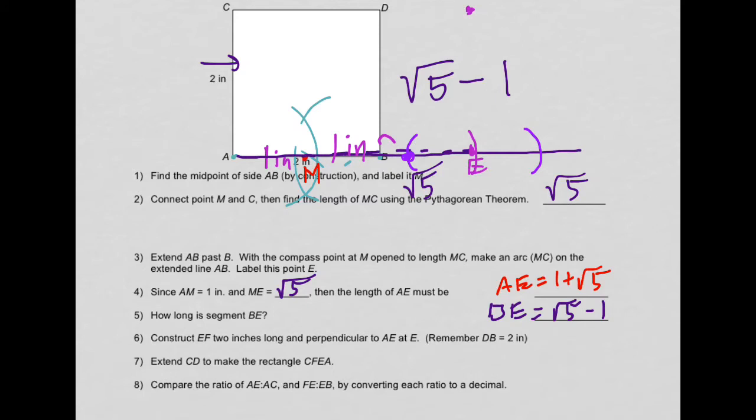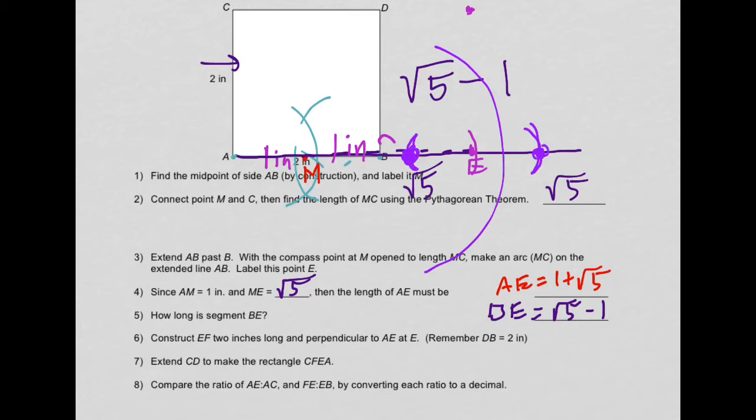So you'd make a swing through here, a swing through here, and you'd put your compass on that point, and on this point, and from this point, you're going to swing that compass around that way.